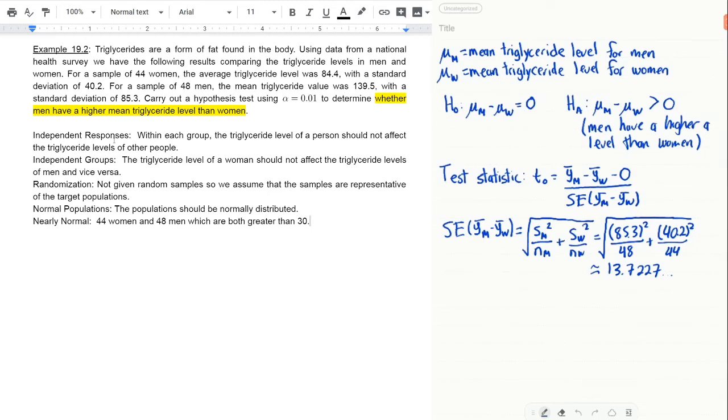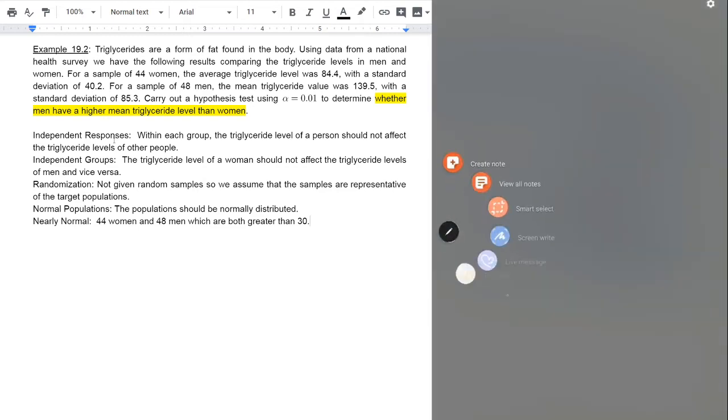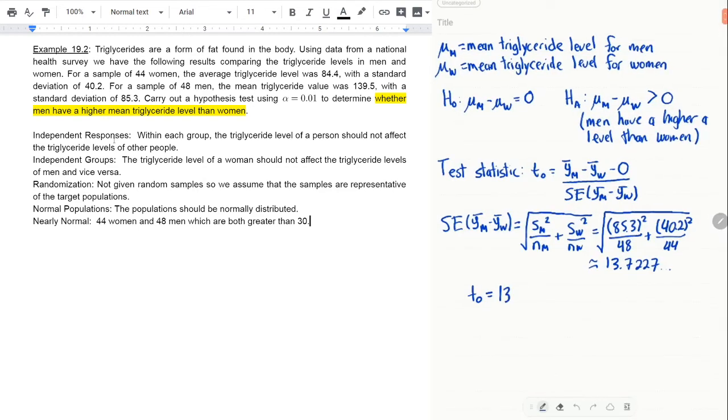So now we can find our test statistic. We want the average for the males minus the average for the females, so we have 139.5 minus 84.4, divided by the standard error, which is 13.7227.